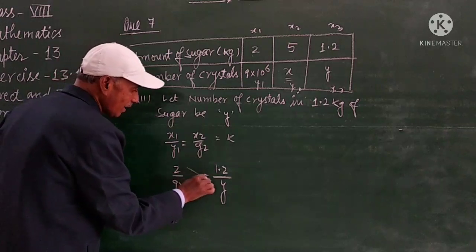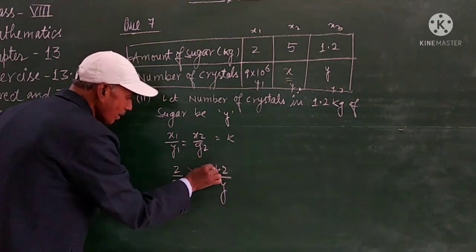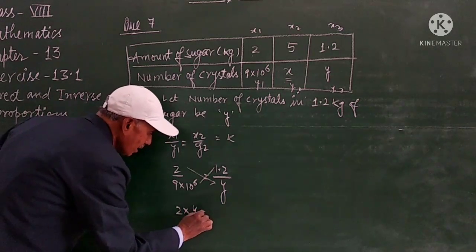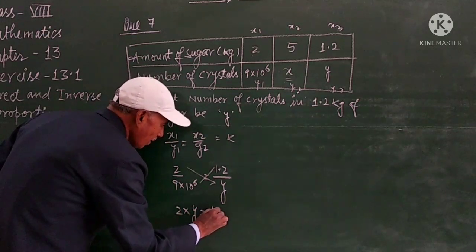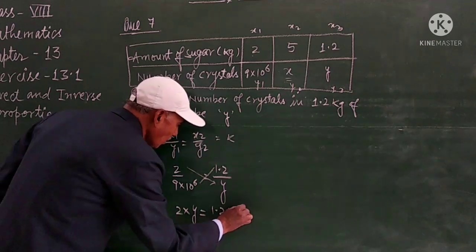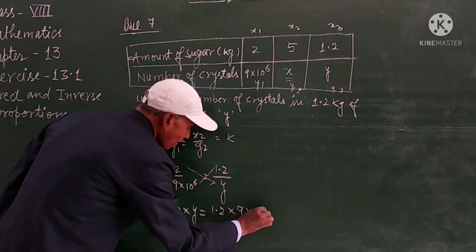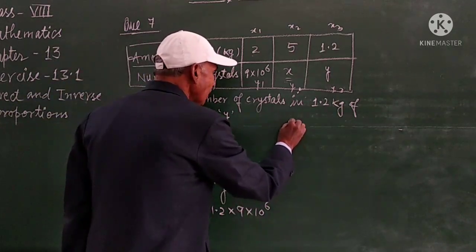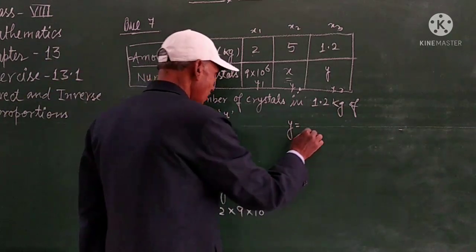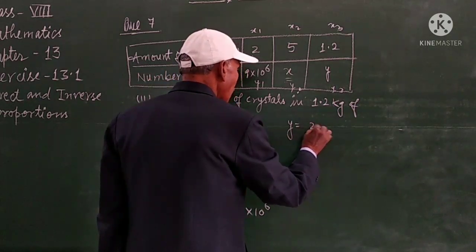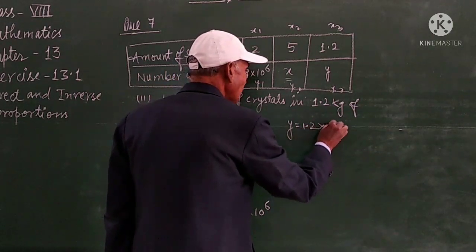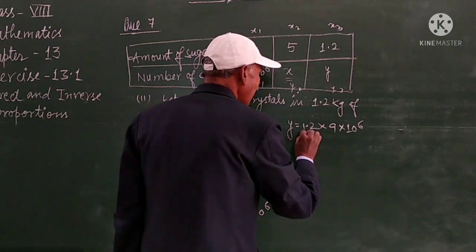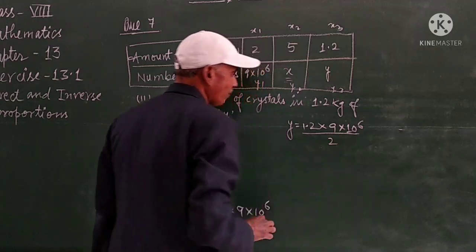So after cross multiplication, student, it will be 2 into y is equal to 1.2 into 9 into 10 to the power 6, and y is equal to 1.2 into 9 into 10 to the power 6 divided by 2.